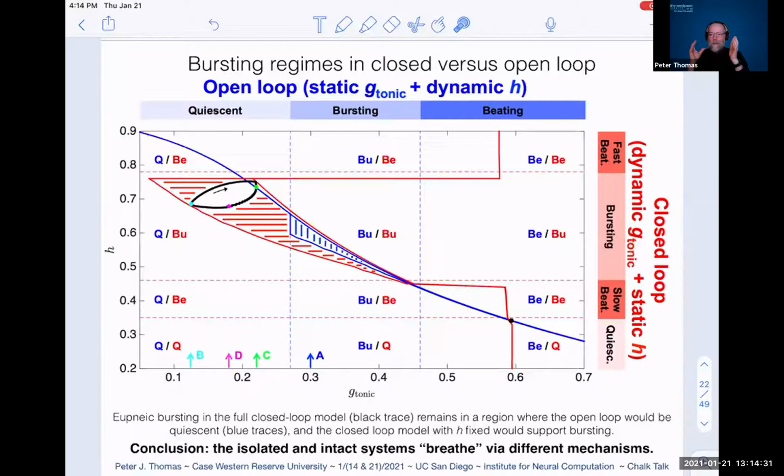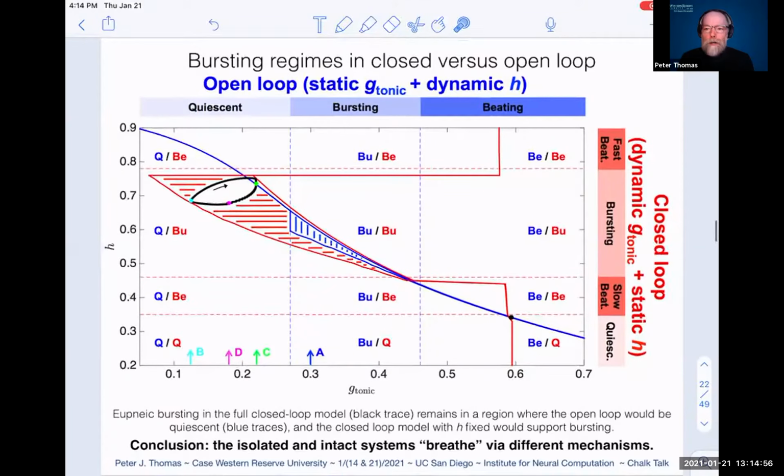But it's not working the same way. So it's really important, we think, to study the interaction or the dynamics of the central pattern generator in intact systems if you possibly can, because otherwise you're studying something which doesn't necessarily tell you how the intact system works.